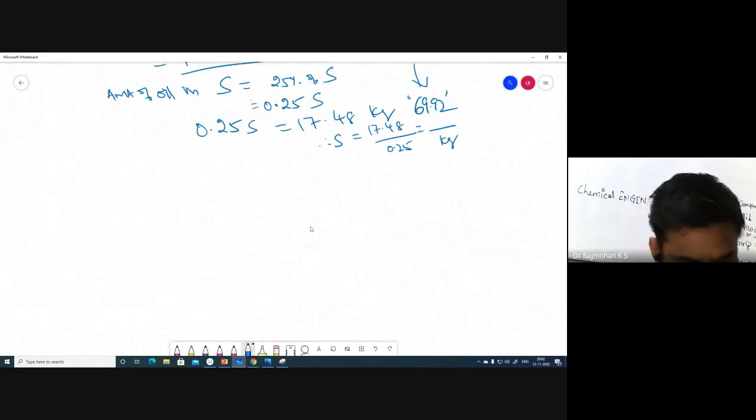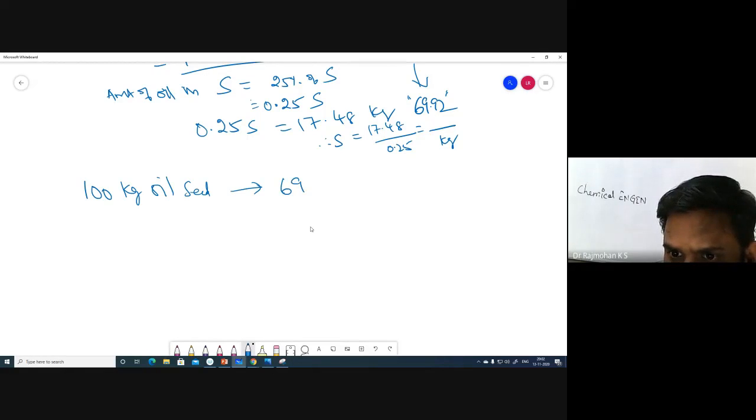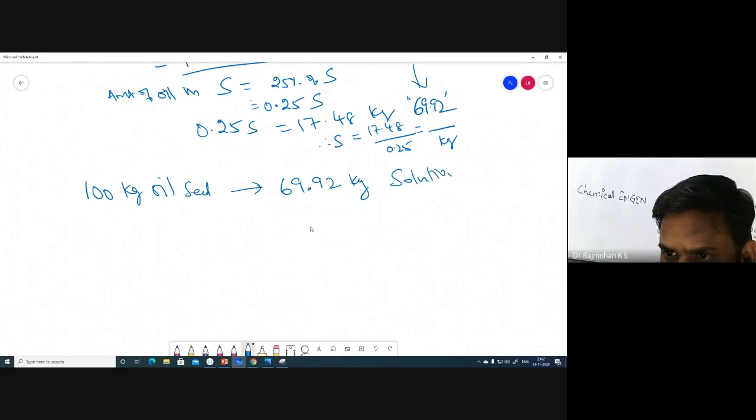So we got the S value. Now we can find out how much S is for 100 kg of oil seed. When we use 100 kg of oil seed, how much solution are we getting? 69.92 kg solution is obtained, right?